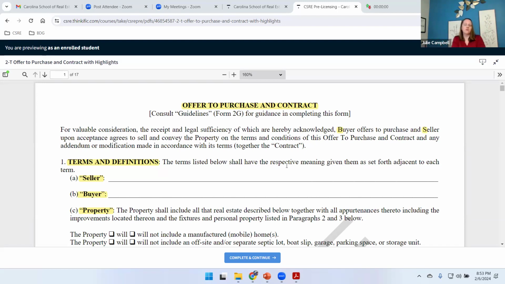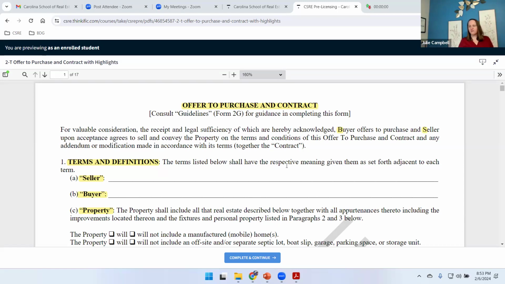We also have an offer to purchase and contract for vacant land. If you're negotiating to buy land, there is no structure. It's just dirt, so all this verbiage about the property isn't going to be on there. The terms are similar, and we're not going to look at those.